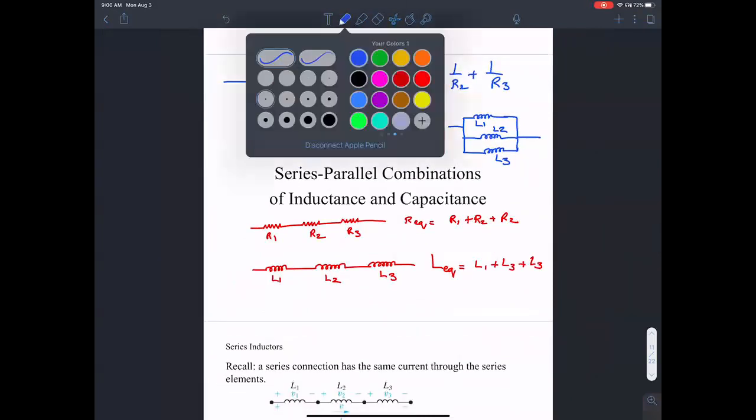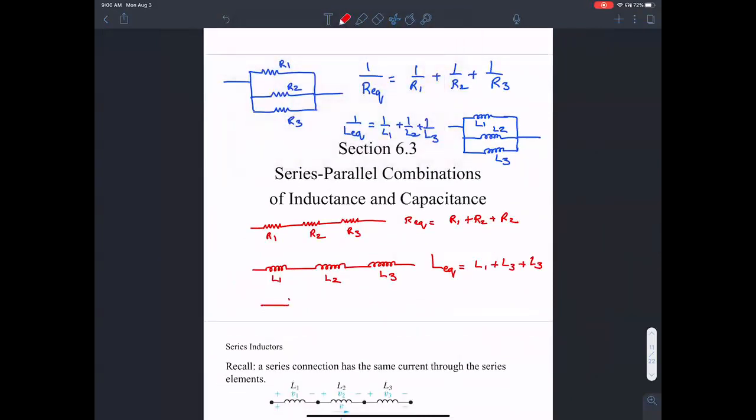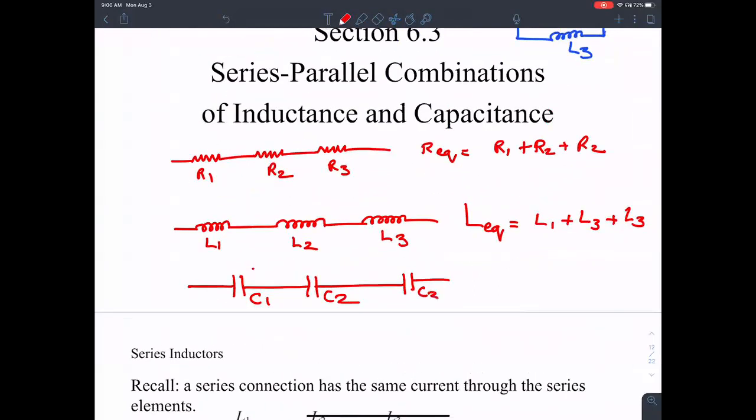When it comes to capacitances in series, like I mentioned, it's the opposite twin sister, the evil twin of the inductance. So if I have C1, C2, and C3 in series, the equivalent capacitance behaves similar to resistances or inductances in parallel: 1 over C1 plus 1 over C2 plus 1 over C3.